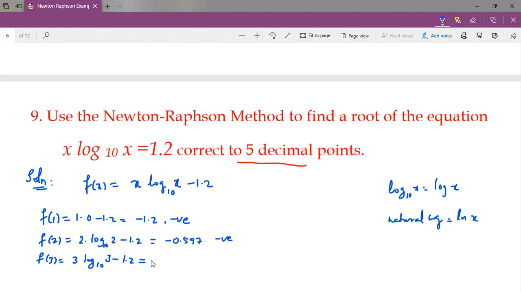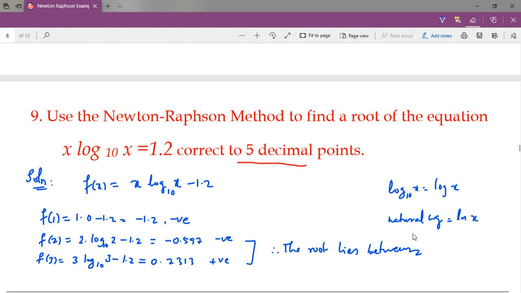This gives you 0.2313, which is positive. Therefore the root lies between 2 and 3.